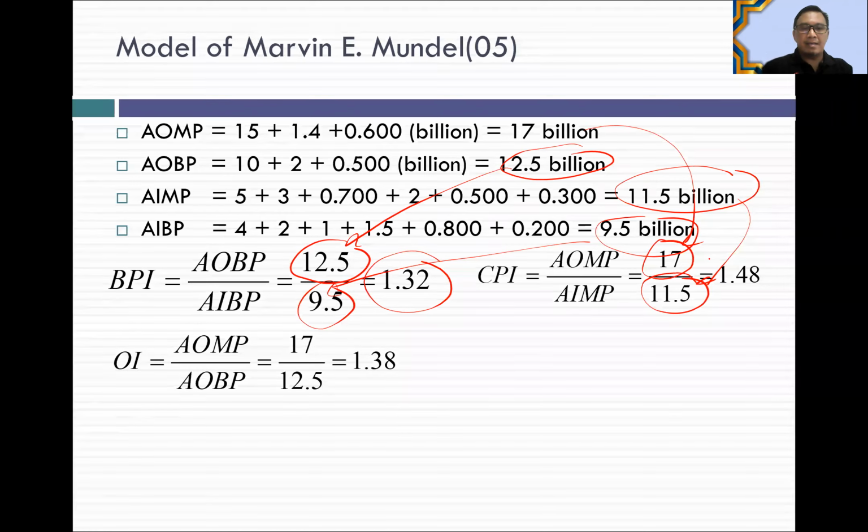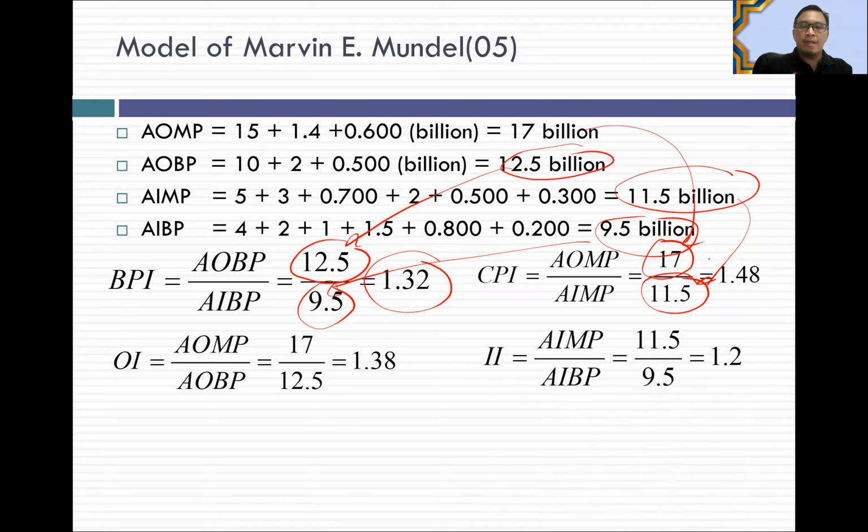OI is the output index. The output index is the output for the measured period divided by the output for the base period, which is 1.38. And II is the input index: input on the measured period divided by input of the base period, which is 1.2.